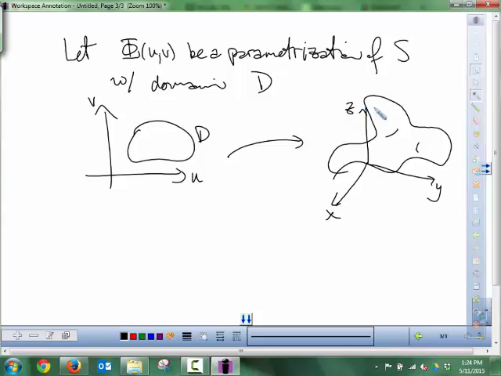So this could be this parameterization right here, and then the domain would be this. Do you remember what this drew out for us? Half of the sphere, right?